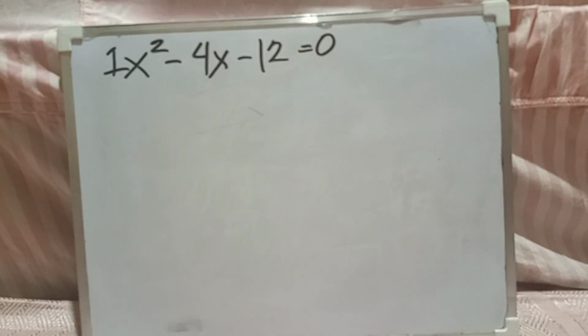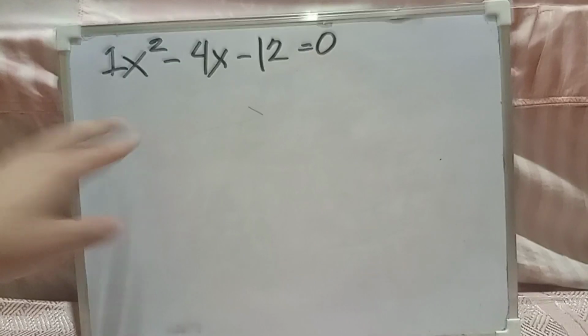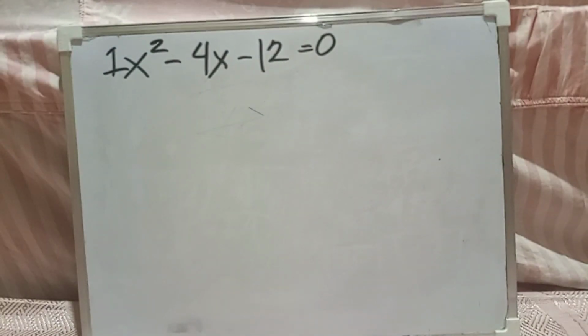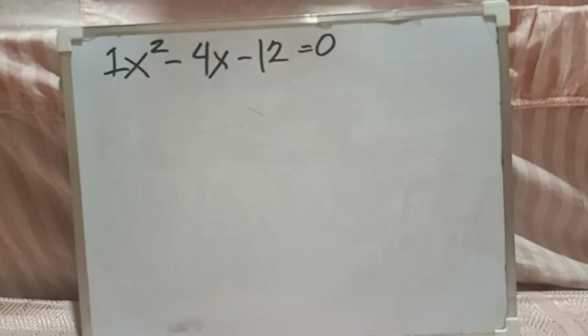So in our first example, we are lucky because the coefficient of our quadratic term is 1. So let's start solving this equation by completing the square.